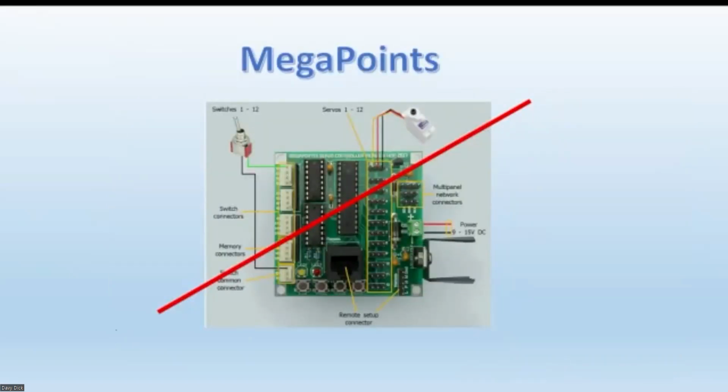And lastly, I want to look at Megapoints, but it's not the one that you see sold in our kit locker. The one in our kit locker is simply a bunch of switches and a bunch of servo outputs. It's not really a bus-based system.